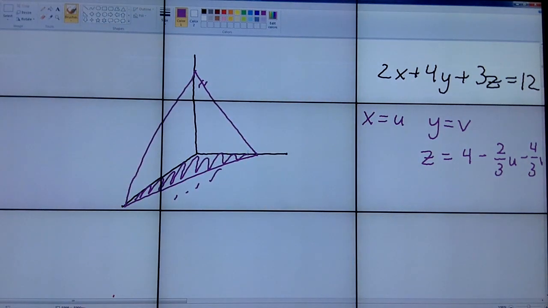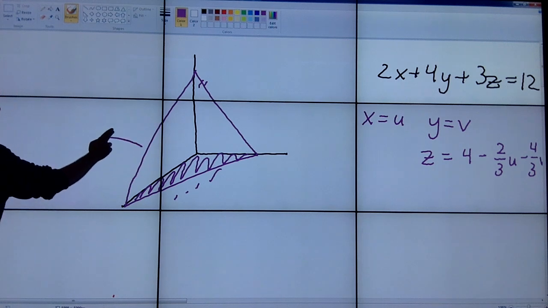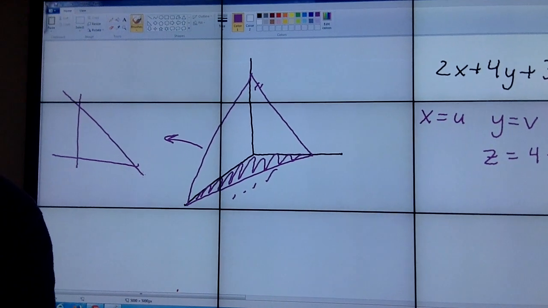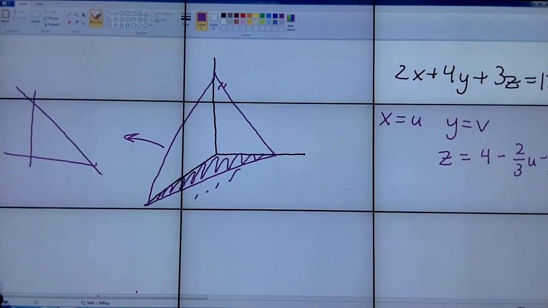Anyway, if we project this down into the xy plane, here's what you would see: a downsloping line. Let's back up just a bit and answer that question. What is the x-intercept here? What value of x causes this to be 0?